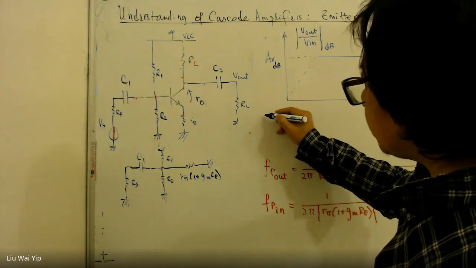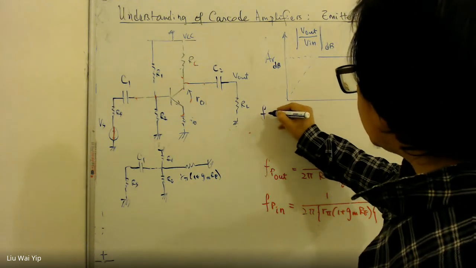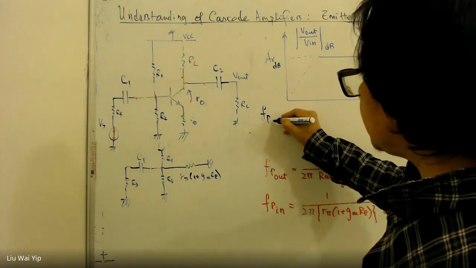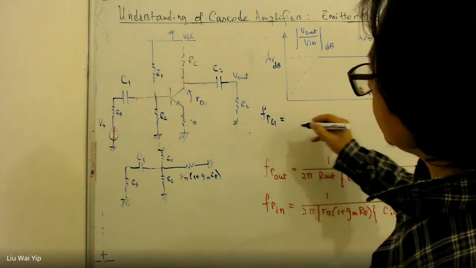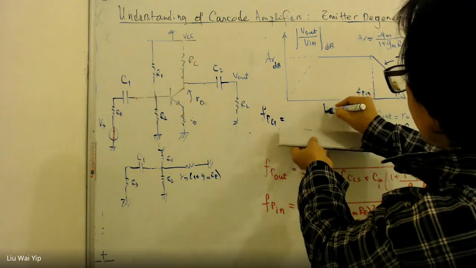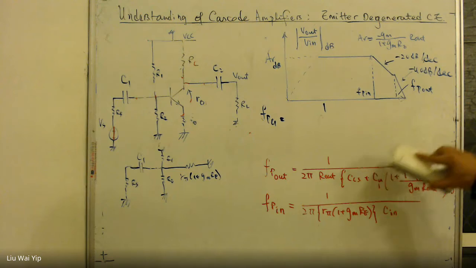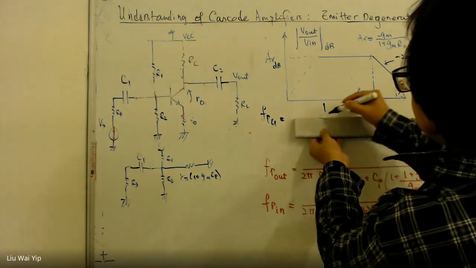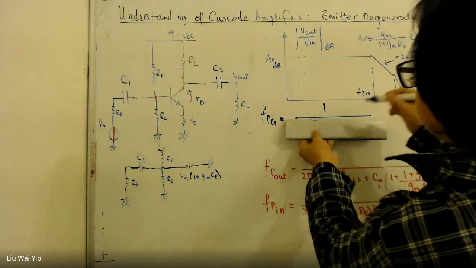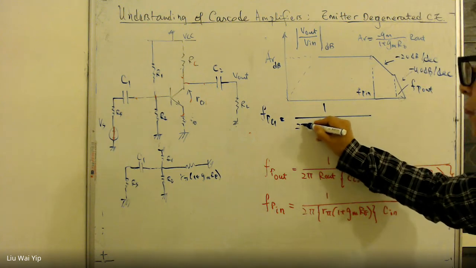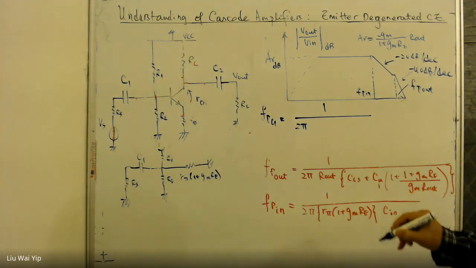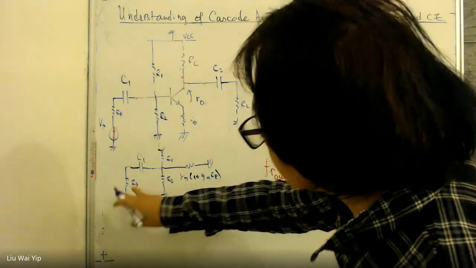FPC1 is going to be 1 divided by 2 pi, and what else?